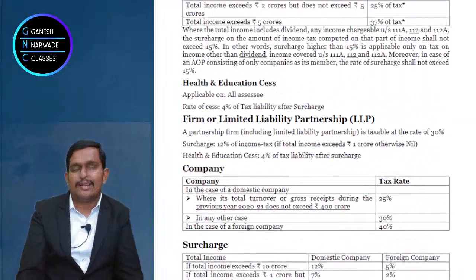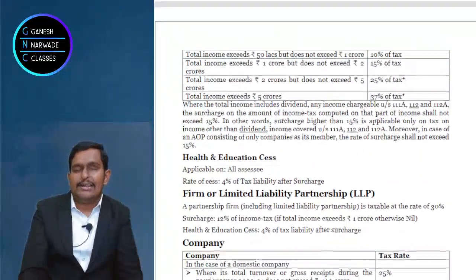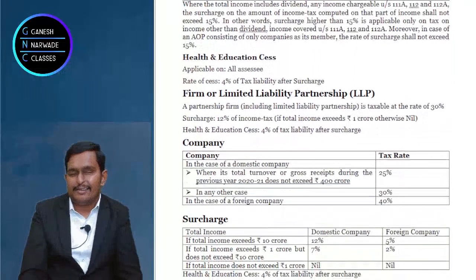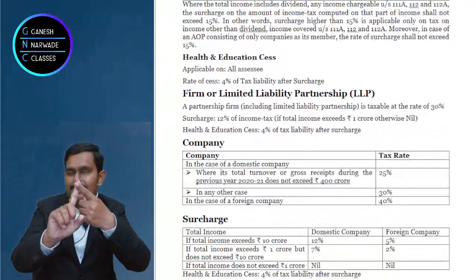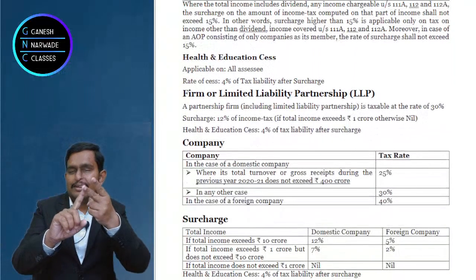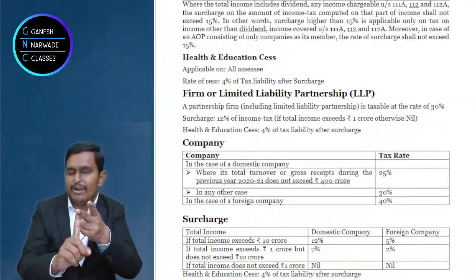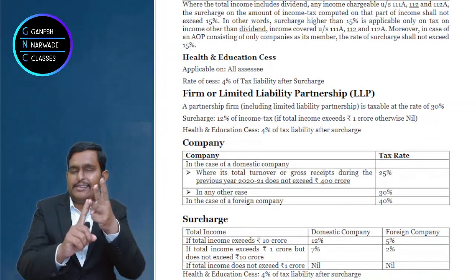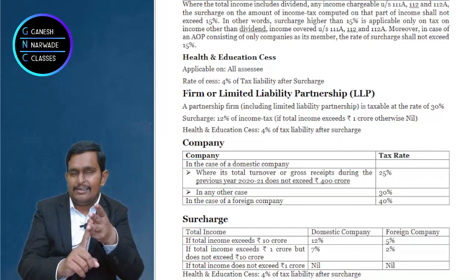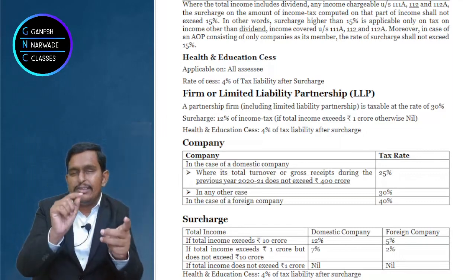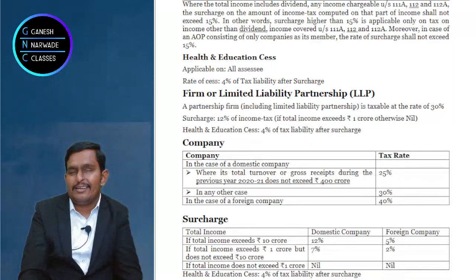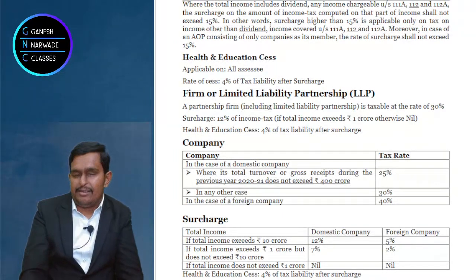Okay, let's continue. Now, health and education cess is there. You got tax, you deducted rebate if applicable, and if surcharge is applicable, you added it. Then whatever amount is there after adding that surcharge, you have to add 4% again.